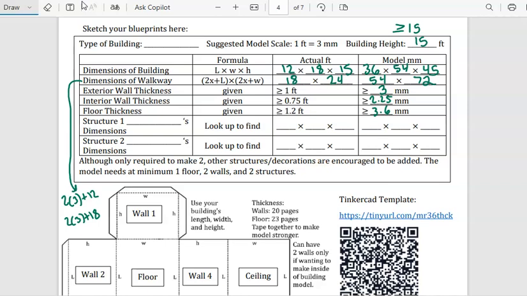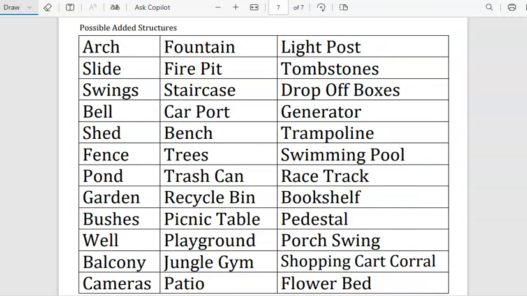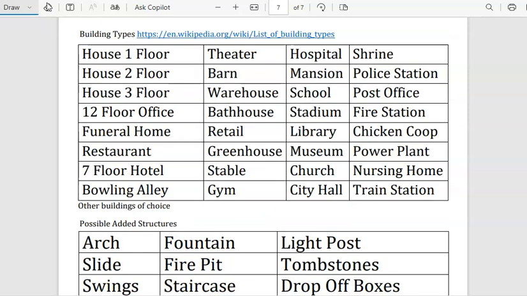You can make more, but you don't have to write those on here. Here are some possible added structures to help you get started. You could choose any 2 of these or any other decorative furniture items. Choose something that goes with the building type that you chose to do.